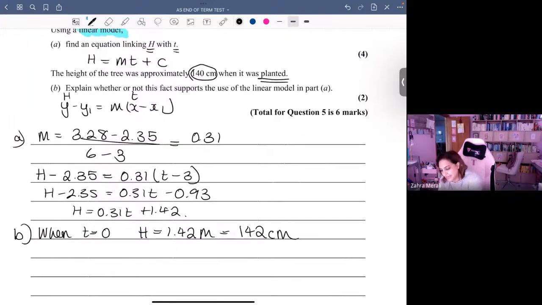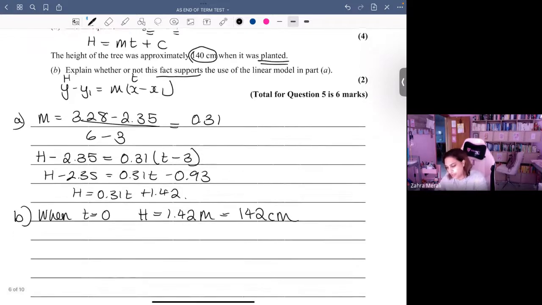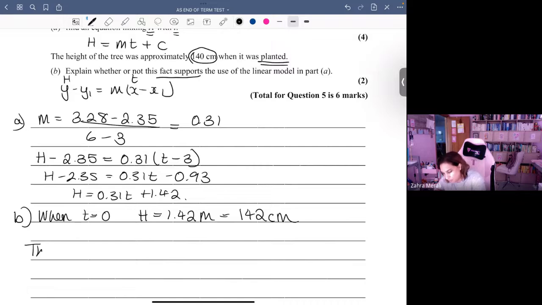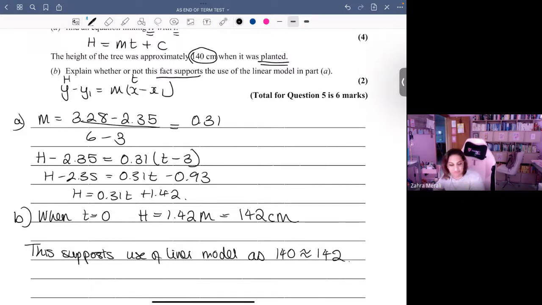So I'm going to say, read the question and just use the wording in the question, I'm going to say this supports use of linear model as, sorry, my writing is awful at the moment, I'm trying to write really fast, 140 is approximately, that's what that wiggly line means, 142. And that's it.